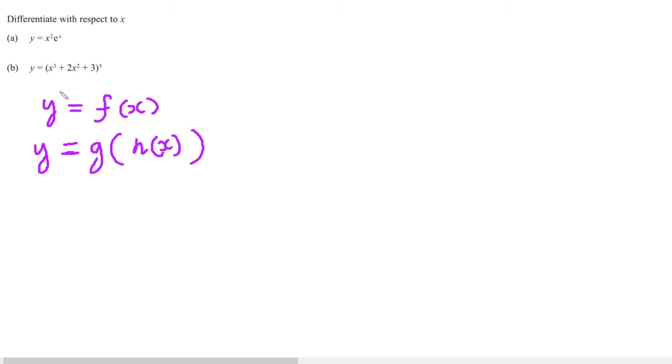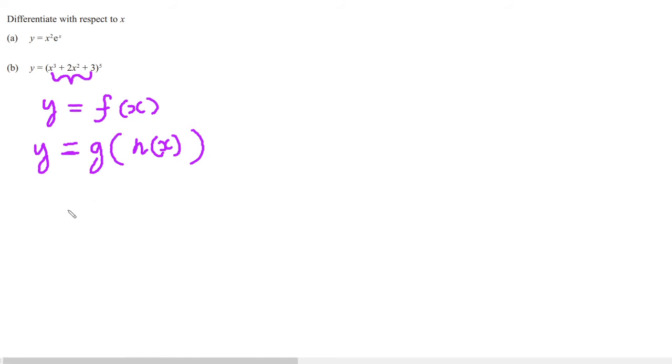Here h of x is x cubed plus 2x squared plus 3, and g is x to the 5, so applying this function to the power of 5 is a composite function that we'd use the chain rule to deal with.